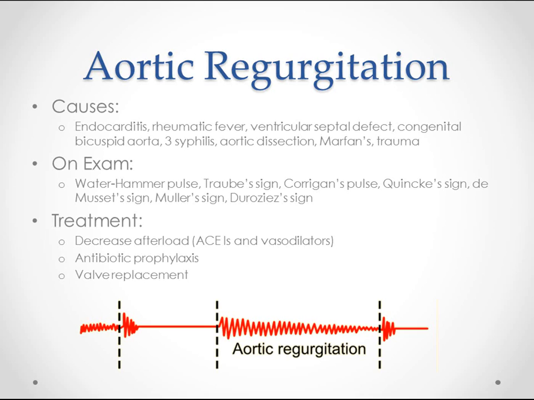And then, let's see, Muller's sign is pulsatile bobbing of the uvula. So you look in the mouth and you can see their little hangy ball jumping up and down. And de Rosie's sign is a to and fro murmur over the femoral artery. It's heard best with mild pressure applied to the artery.